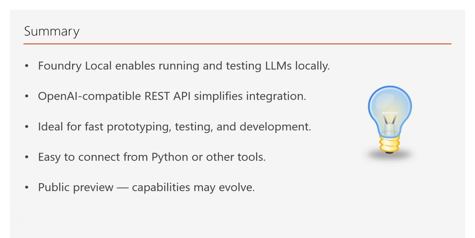Also, its OpenAI-compatible REST API makes it easy to integrate with existing tools and applications, thus enabling faster prototyping and iteration. Last but not least, as said earlier, this is still in public preview, so capabilities may evolve and change prior to general availability and after general availability, so it's important to keep this in mind as well.